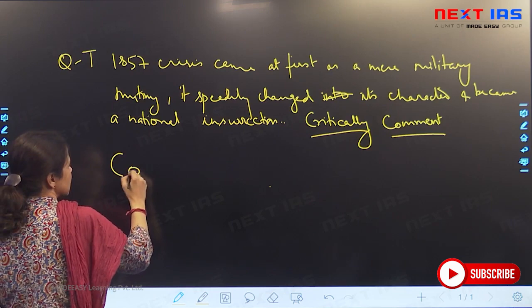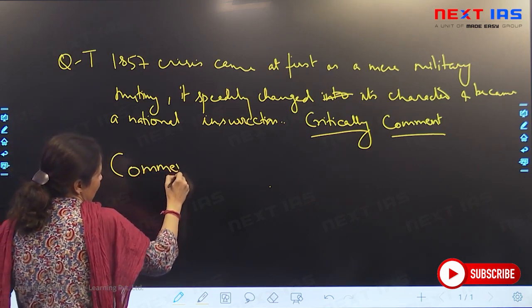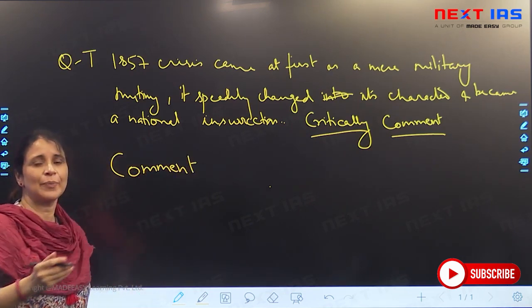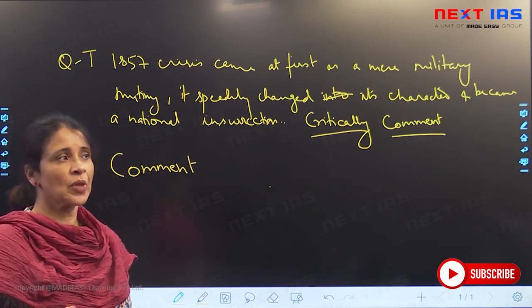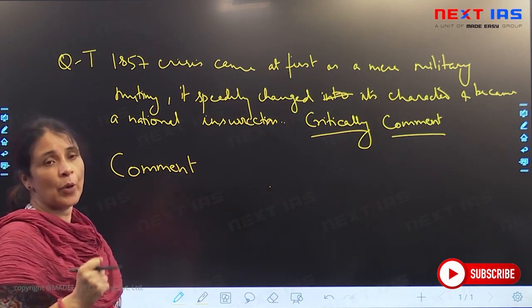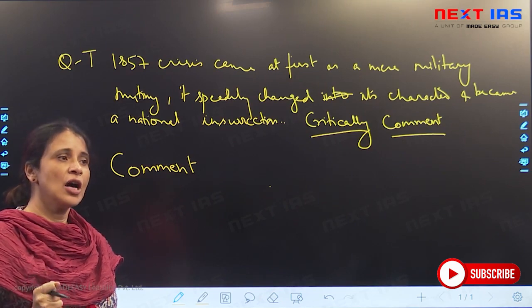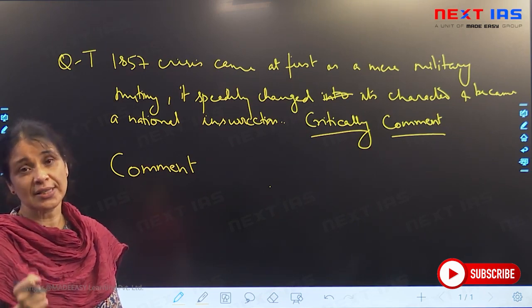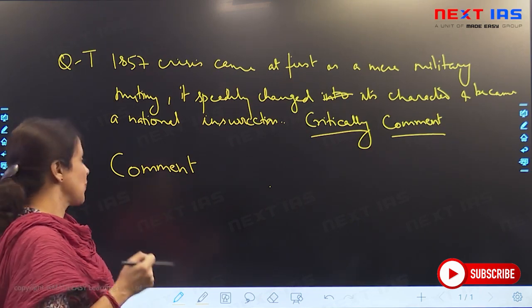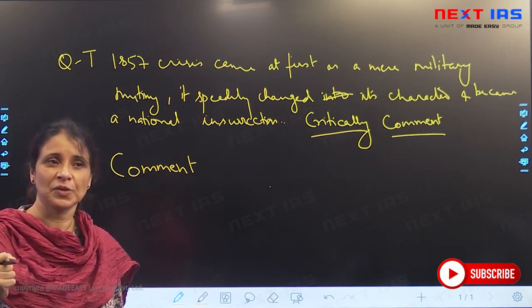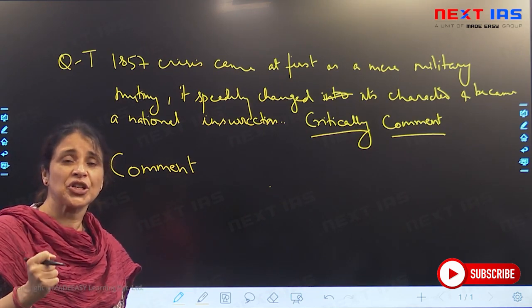There are many times the question which is having this tail word: comment upon the current status of judiciary in India or judicial system in India. Comment upon the current status of the police machinery in India.